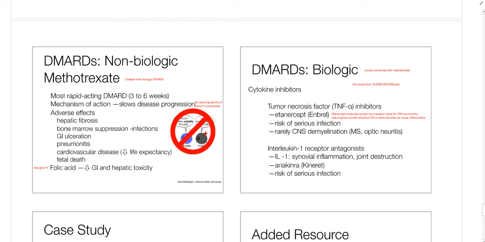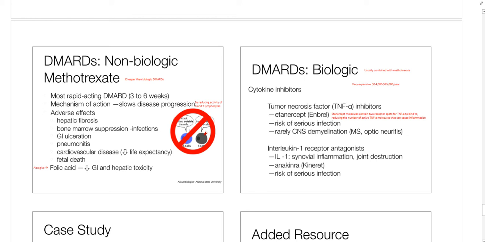But as you can imagine, that comes with a laundry list of side effects, since we're really screwing around with the immune system. So I don't know how hepatic fibrosis fits into this, but we're going to have bone marrow suppression, which means we're going to have a much higher chance of infections.